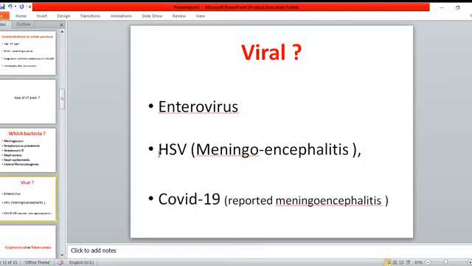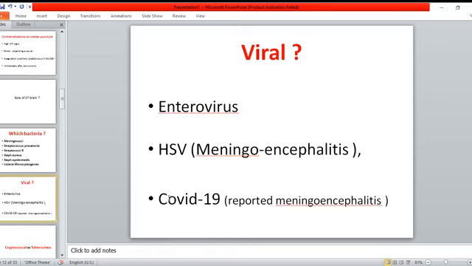Because it commonly affects the temporal lobe, it can present with convulsions or with oroalimentary automatic behavior, like lip smacking. That's quite characteristic: lip smacking in the context of convulsions and depressed conscious level. The presence of lip smacking means temporal lobe involvement, commonly due to herpes simplex virus infection.